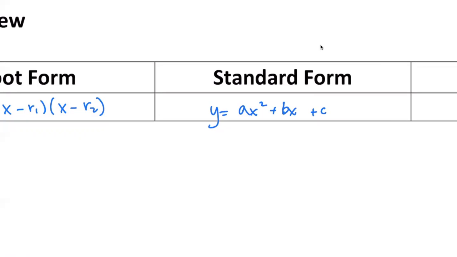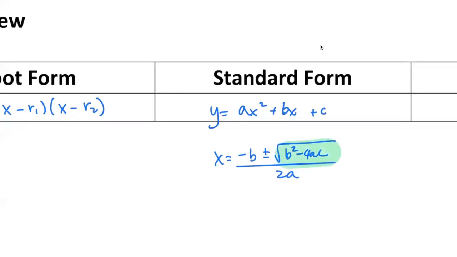Remember the quadratic formula, negative b plus or minus the square root of b squared minus 4ac, over 2a. As I said in the last couple of lessons, if you know your quadratic formula, you know a few things already. You know the discriminant, you know the axis of symmetry, and combining them together, you know the roots.